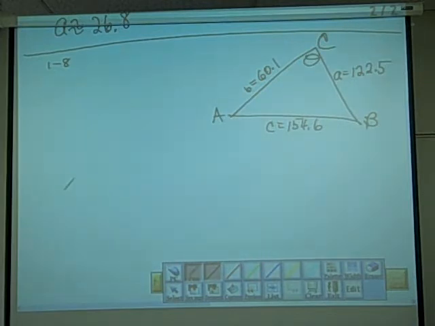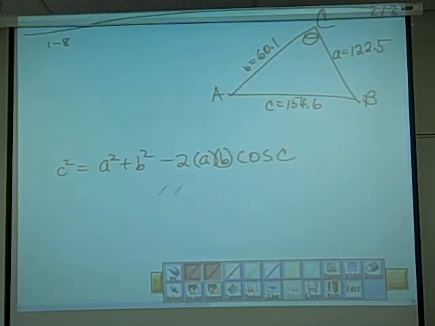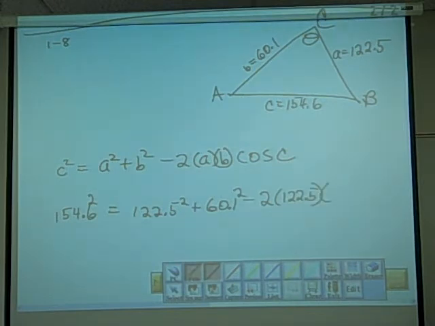So we're going to put C squared equals A squared plus B squared minus 2AB cosine angle C. Okay, so C squared we know is 154.6 squared, equals side A, 122.5 squared, plus side B, 60.1 squared, minus 2 times side A, 122.5, and side B, 60.1, and cosine theta.